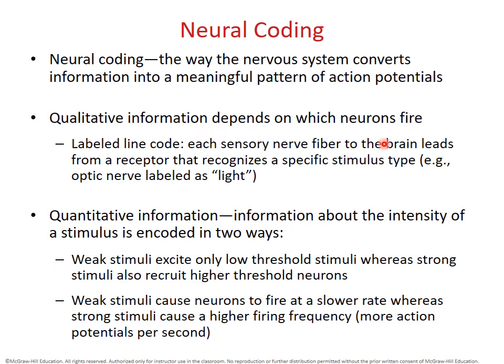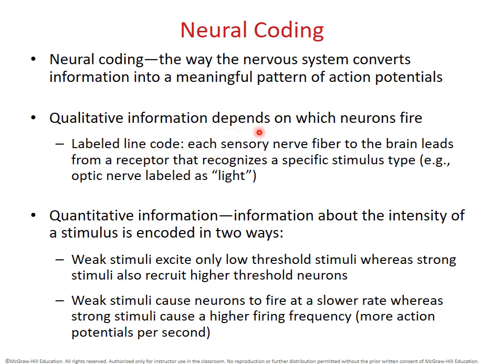So if I'm receiving action potentials, for instance, from a sensory neuron that's in the retina, I know that those action potentials coming from those neurons should be interpreted as light. If they're coming from sensory neurons like, say, Pacinian corpuscles in the skin, I know that those action potentials should be interpreted as pressure.